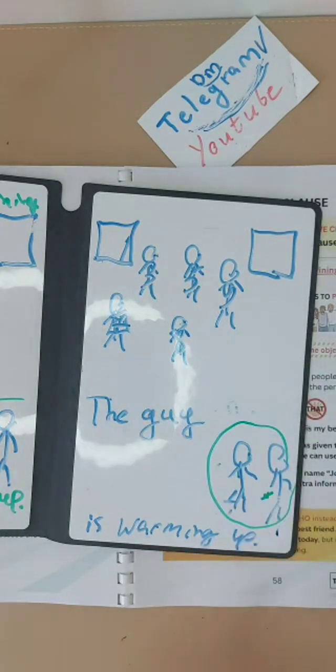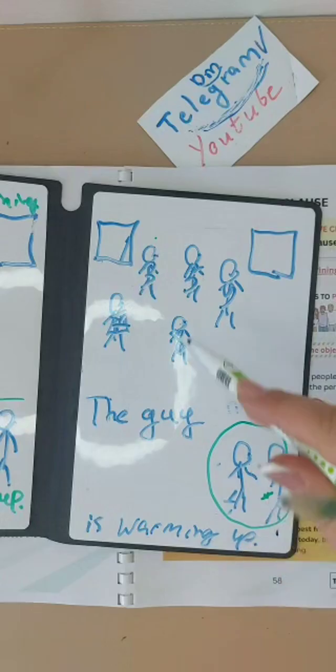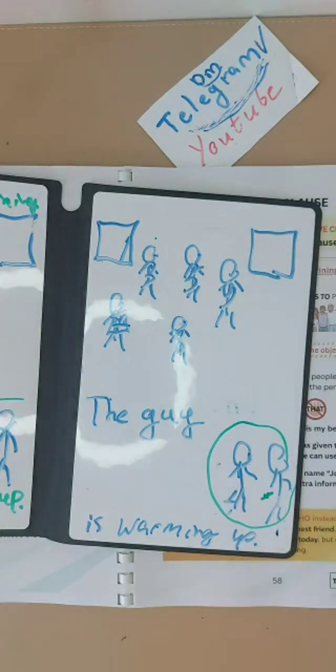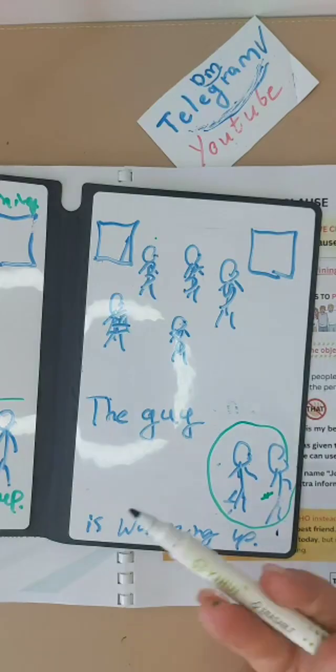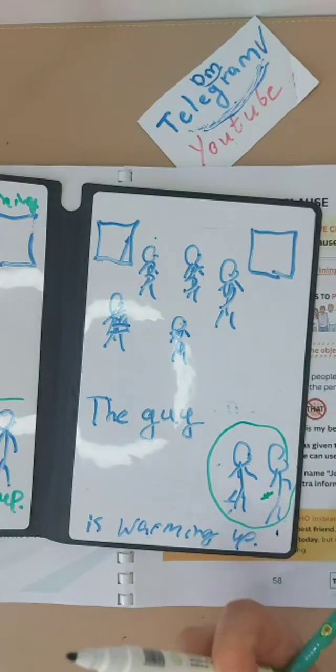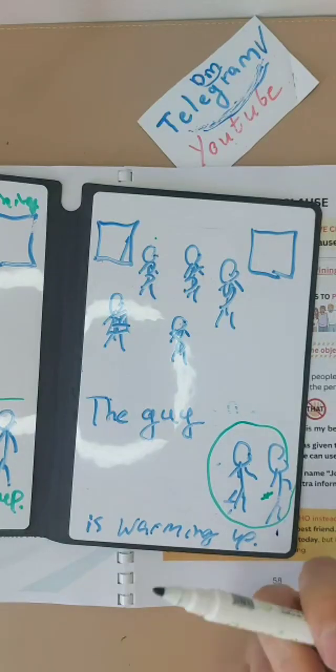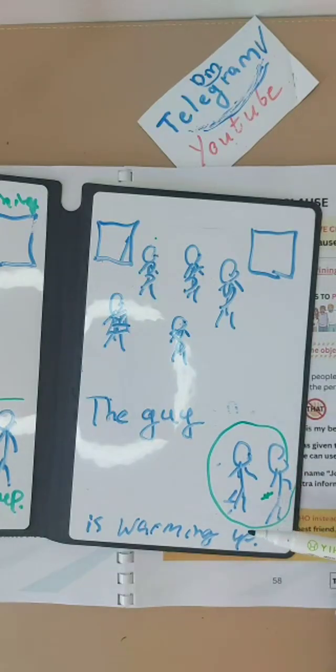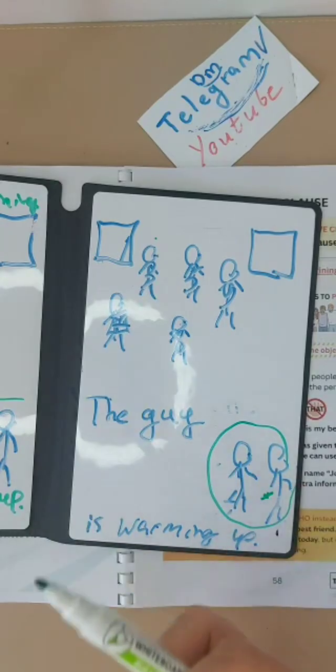Which one? This one or maybe this one? Imagine they are all warming up. And you just say, the guy is warming up. Which one? We need essential information to make the listener understand which guy we mean. The sentence is incomplete.